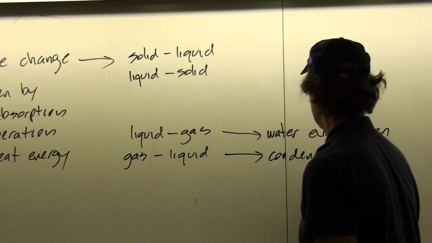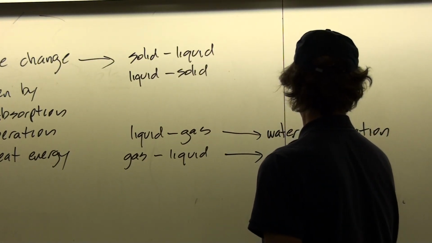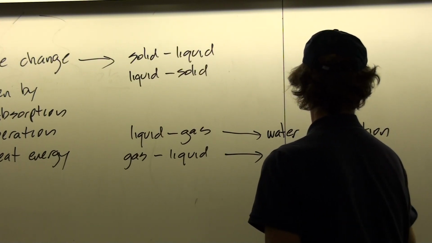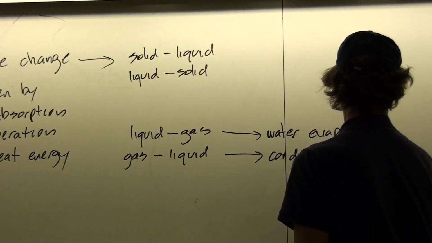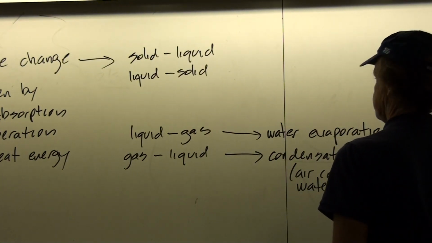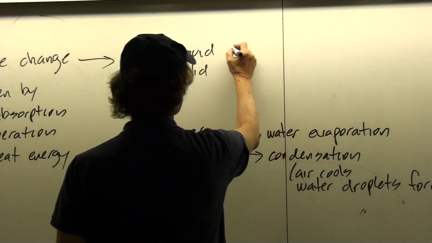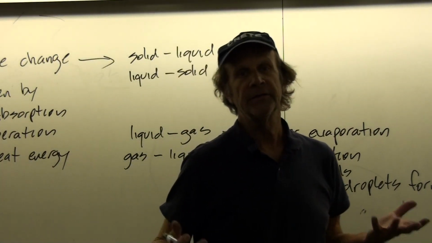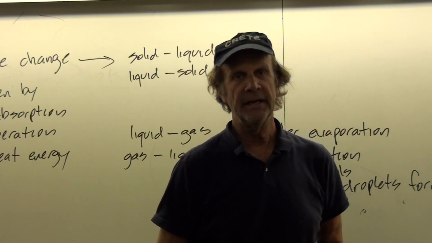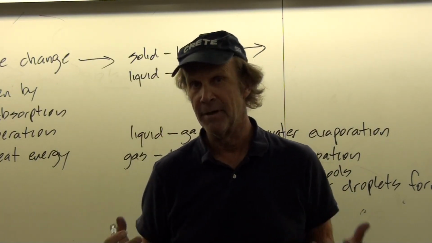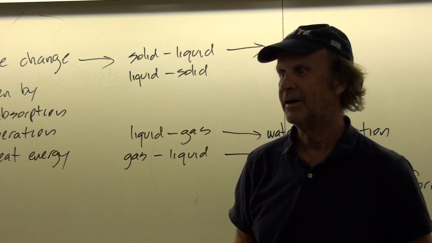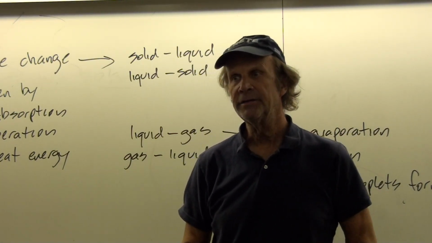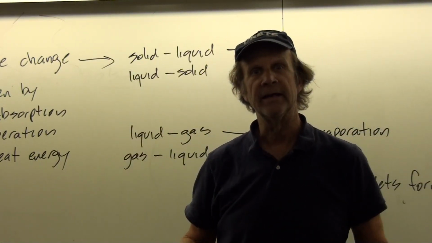This would tend to happen when the air cools and water droplets form. We could have a solid to liquid. Now, you could melt many substances. For example, you can melt a metal. And we think that on Venus, there may actually be melted metal rain that's coming down.